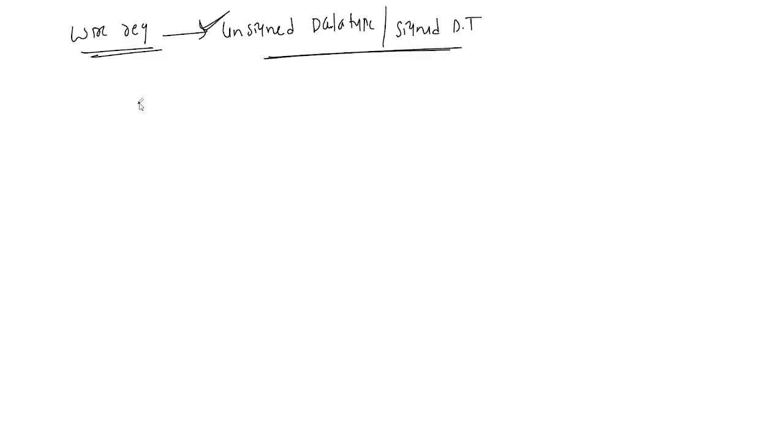Suppose I am giving a equal to minus 6. I want to execute this in binary as well as decimal. So how will the compiler store it? This is an unsigned data type, no? So how will the compiler internally store it?